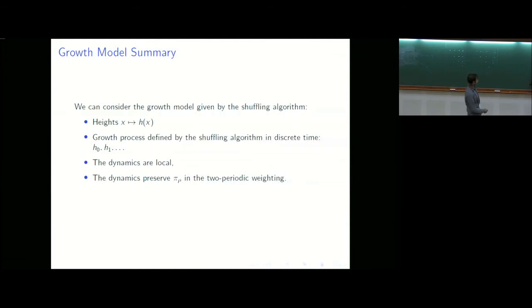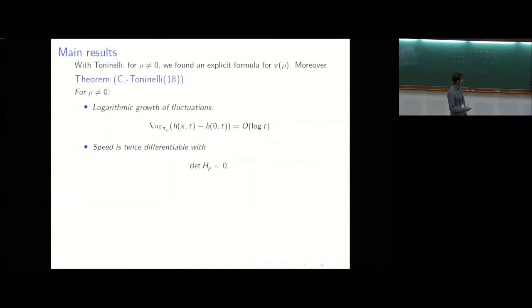So it preserves the measure. And for the two-periodic model, it turns out that if you put it into the Kenyon-Okounkov-Sheffield machinery, when you're flat, you get the smooth phase, and when you're not flat, then your measure is rough.